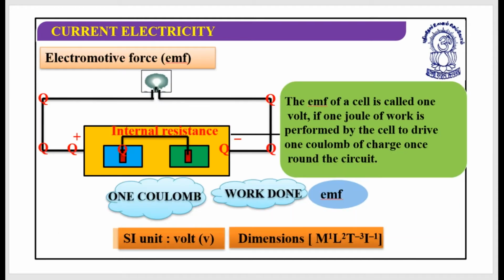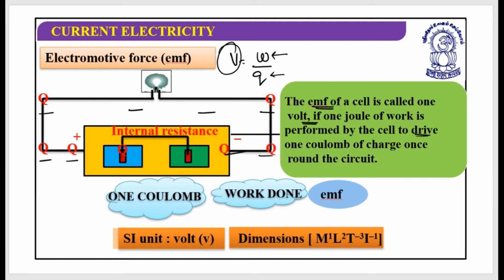Now let's look at what electromotive force, EMF, is all about. The EMF of a cell is called 1 volt if 1 joule of work is performed by the cell to drive 1 coulomb of charge once round the circuit. It's something like this: V is equal to work done by charge. This is the EMF, this is work done of 1 joule, and this is a charge of 1 coulomb that has been passed.